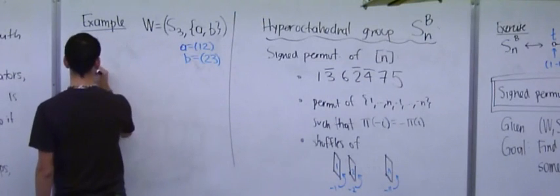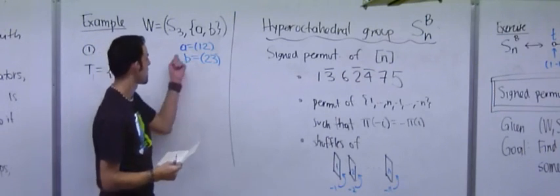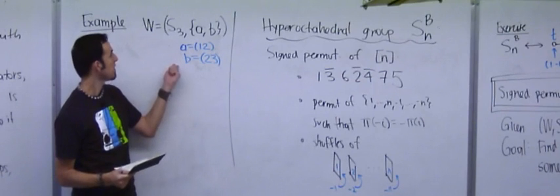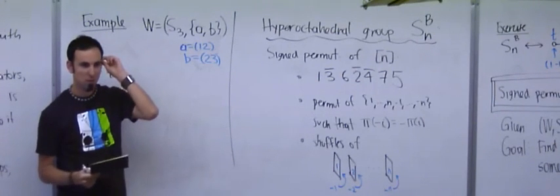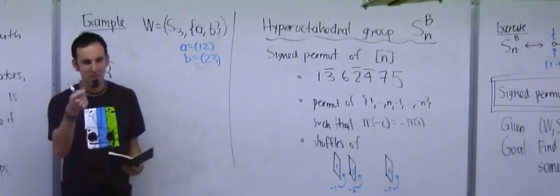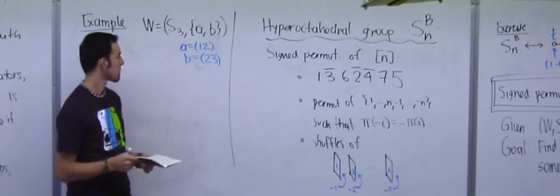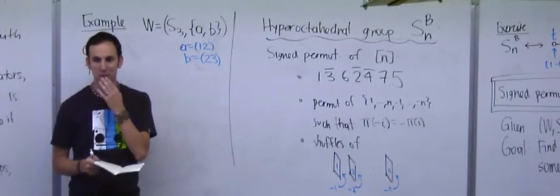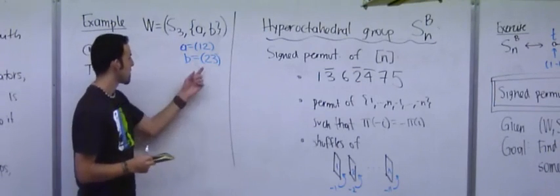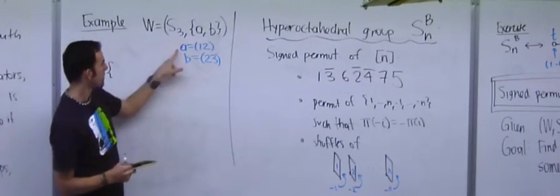So T consists of the conjugates of A and B in the symmetric group. Now, remember what the conjugates in a group are? They're basically the elements that kind of look the same and behave the same way. I really suggest that if you don't remember this very well, you should go back to your notes from your algebra class and remember this. But basically, they're the elements in the group that kind of play the same role as these.